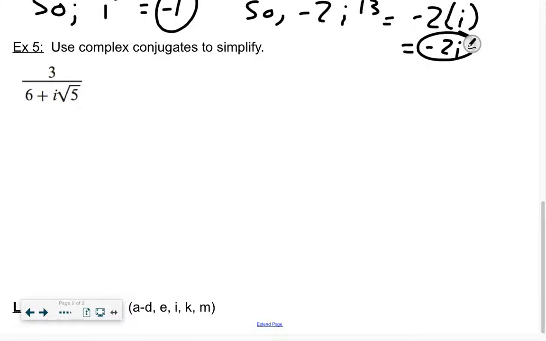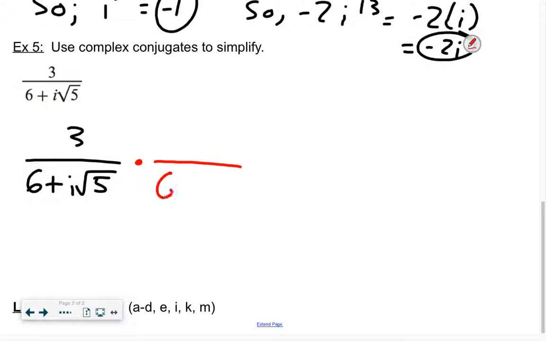And the last one, example number 5. Rationalizing denominators not only with radicals, but with the imaginary i. Conjugates. The conjugate of 2 plus i squared is 5.